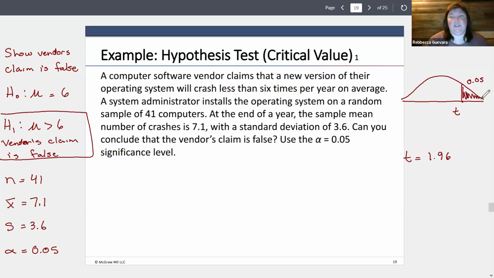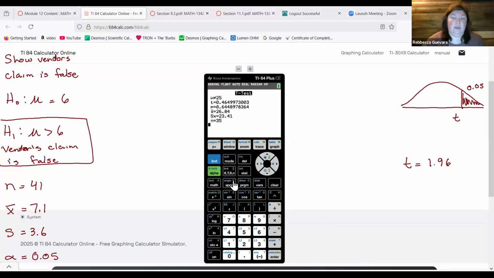Okay, so let's see what this looks like through the TI-84. We want to get a t-value here. We go to second bars and number 3, because this is where we enter the area. We were just doing area to the left to make sure it works for everybody's calculator, so the area to the left of my t-score is 0.95.